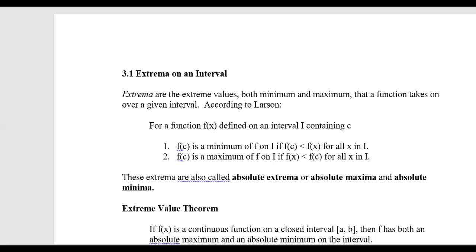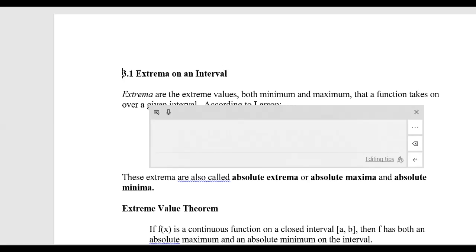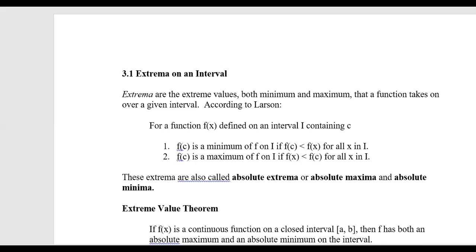There is a minimum at c, f of c is a minimum, if the value there is less than all other values around it in an interval I. Likewise, it's a maximum if f of c is greater than any other value of the function. We also call these absolute extrema, absolute maxima, absolute minima.